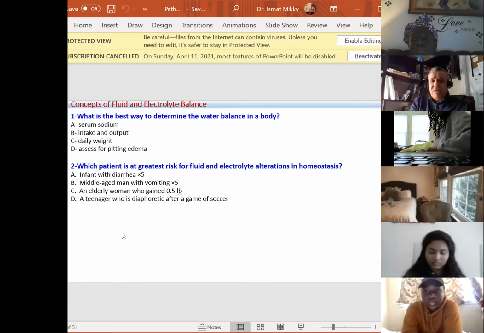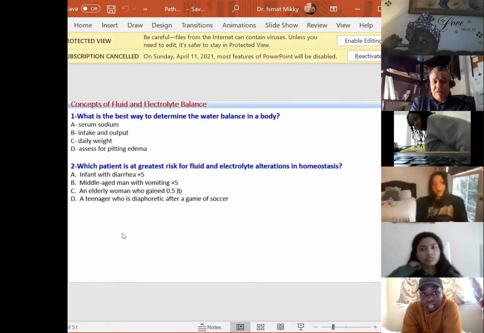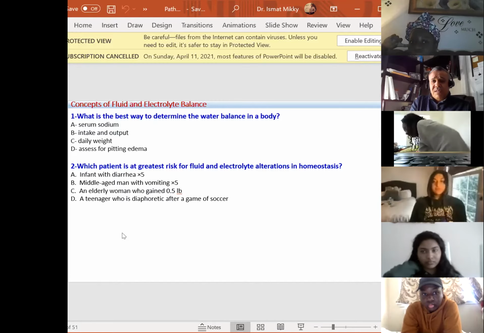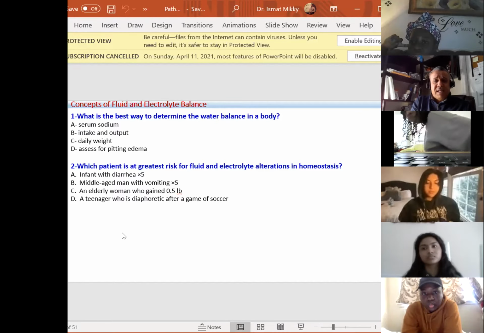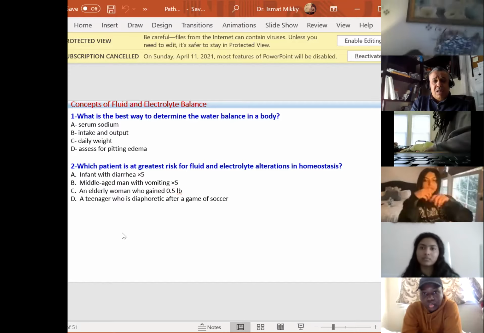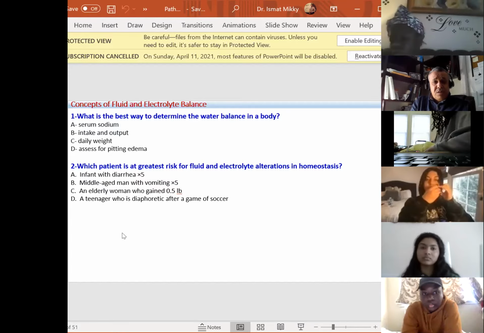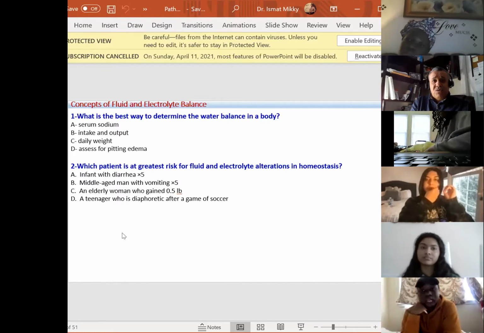If the patient has hypovolemia or hypervolemia, fluid volume deficit or fluid volume excess, what determines the fluid is enough or insufficient in the body? We have different determinants and indicators. It can be the body weight, the intake and output. There are also lab values that we can review, such as osmolarity, to see the concentration of the blood. And there is urine output.